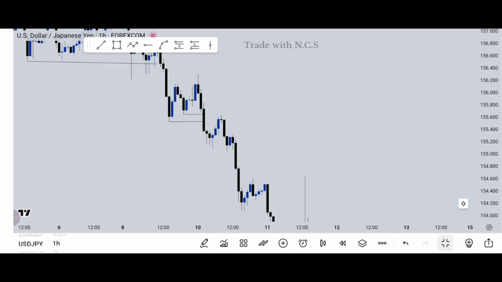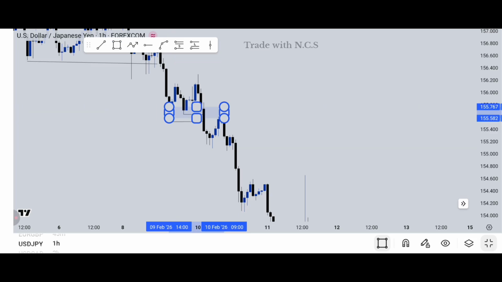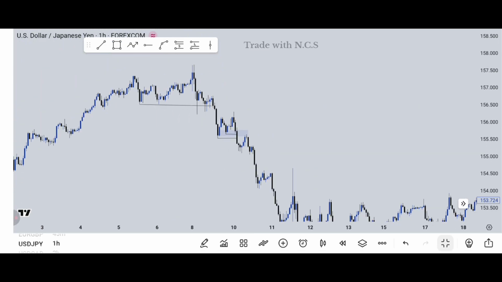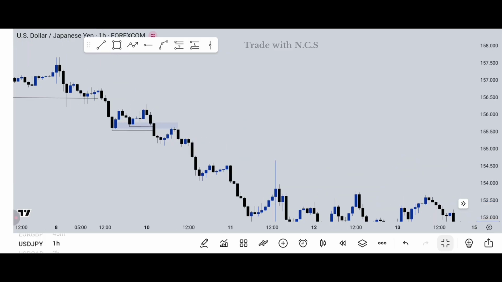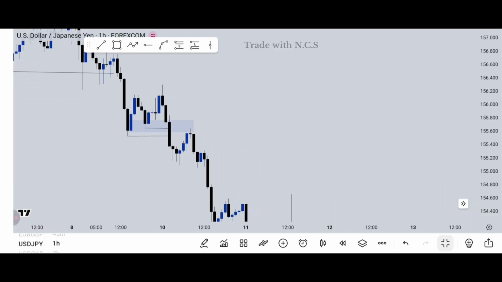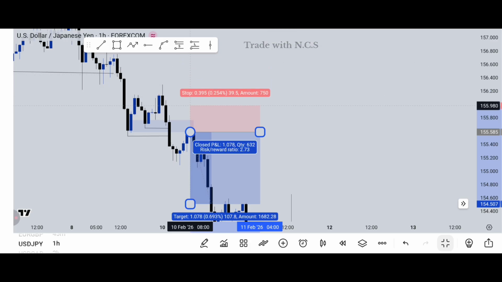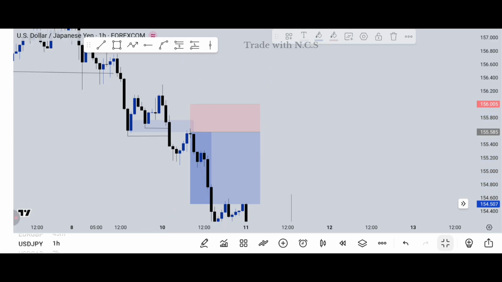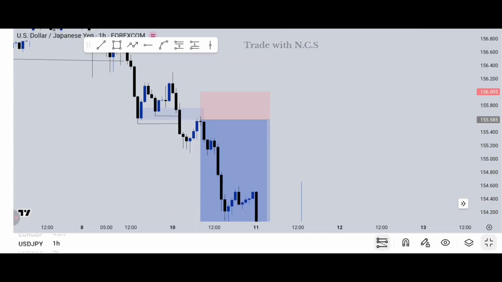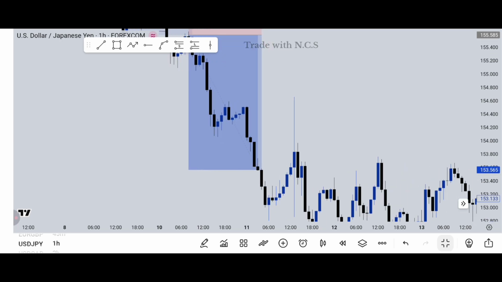Then market respected this key level, this breaker block right about this region, and sold. It sold to the downside. Can you see? Can you see how this thing works like magic if you follow the general direction of the trend?